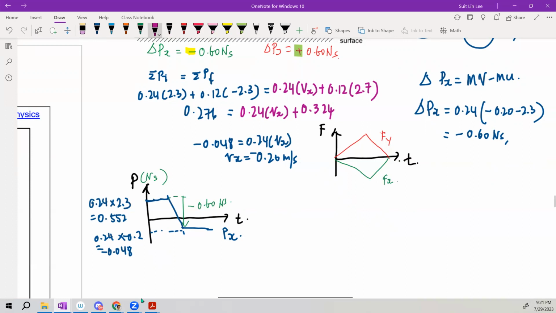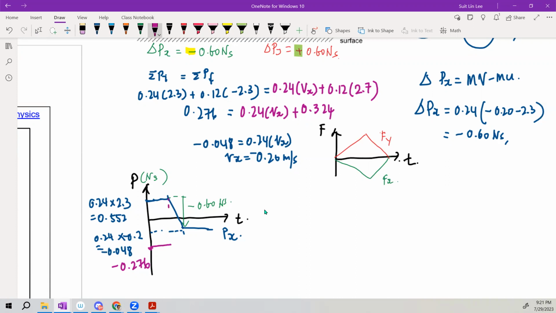If I want to draw another graph for y, it starts off with 0.12 times negative 2.3, so that will give negative 0.276. We'll draw a bit longer. It'll be here. It's not really drawn to scale, okay?